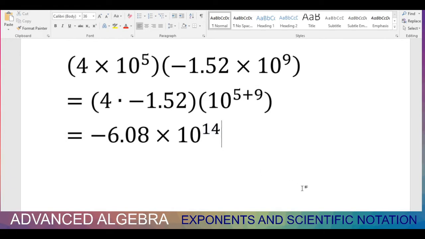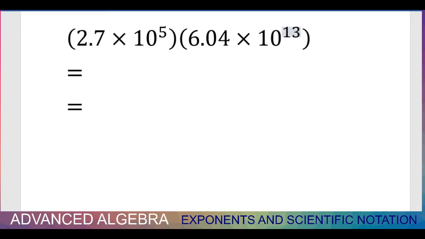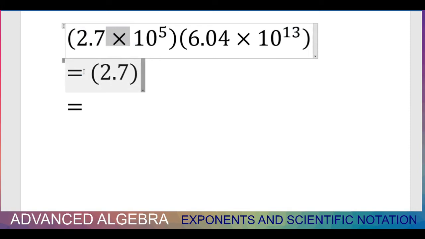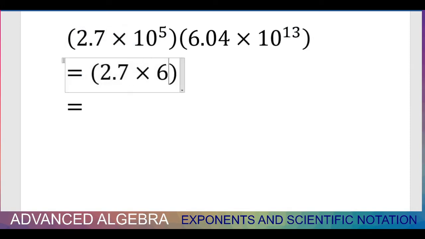So, next. Another example tayo. 2.7 times 10 to the 5th power multiplied by 6.04 times 10 to the 13th power. So, solve natin. Ganun pa din. Multiply pa rin natin si 2.7 times 6.04.